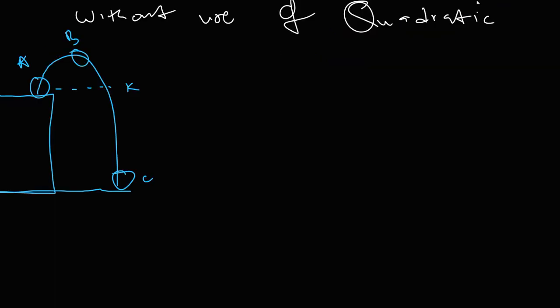And if you really don't like me, if you hate the quadratic formula, you could use some knowledge that we proved before in the video. We did prove that we can get the time from the initial launch point to the maximum height, and the formula was t equals v sine theta all over g.